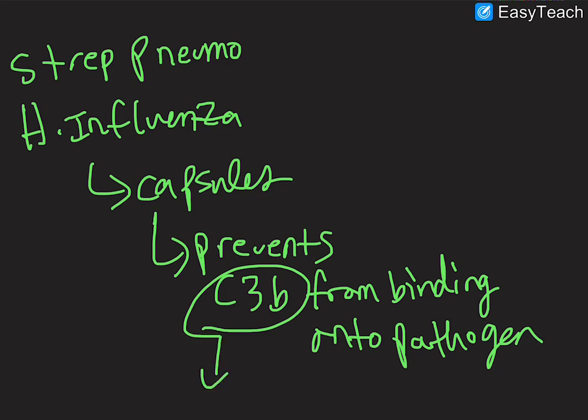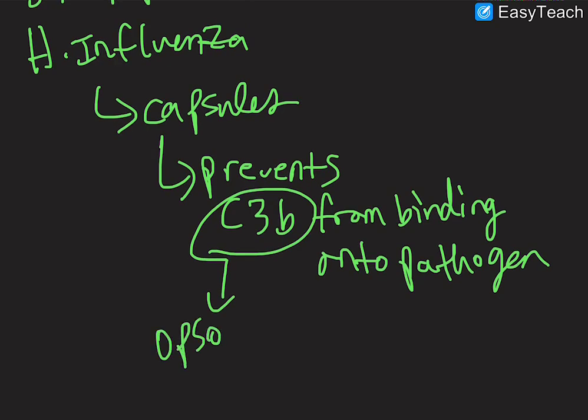Remember, C3b is a potent opsonin. It attracts neutrophils and macrophages. And you can't do that in this case because things like strep pneumo and Haemophilus influenzae have capsules around them, which prevent opsonization. So neutrophils and macrophages can't come and destroy them because C3b can't bind to them.